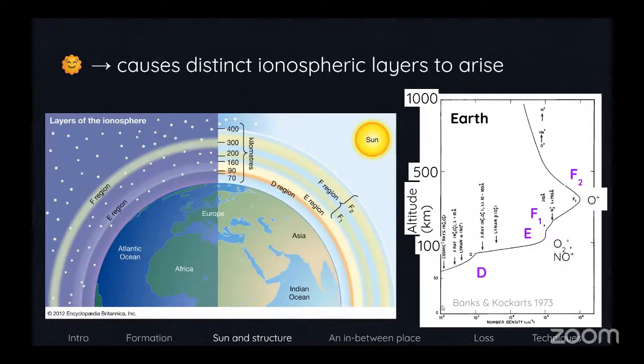So lower down in the atmosphere, there's a lot more chemistry going on. It's getting thicker. Radiation is still reaching it and driving this chemistry, but it's a lot denser, so these molecules can interact and do gas phase chemistry. As you get higher up, though, it's easier for radiation to come in, but you also have to worry about transport processes.